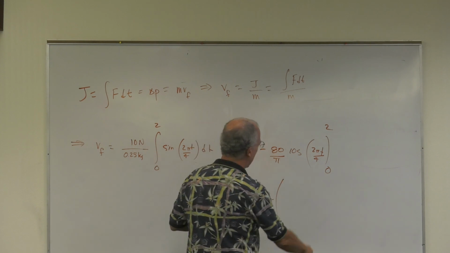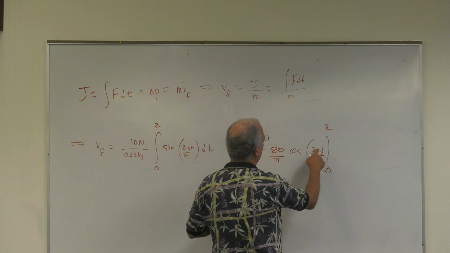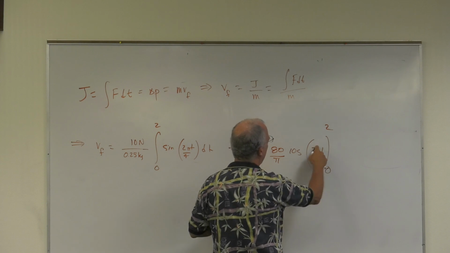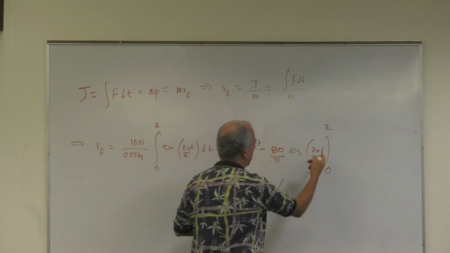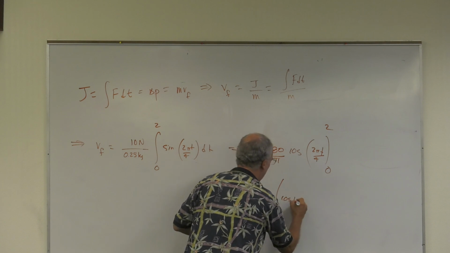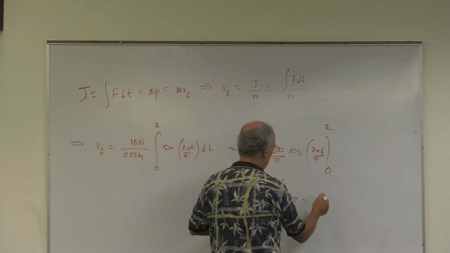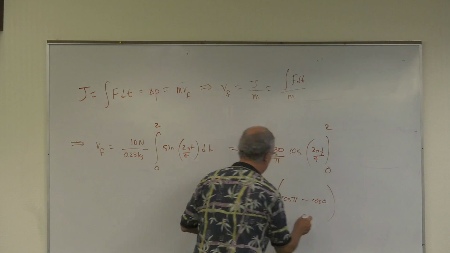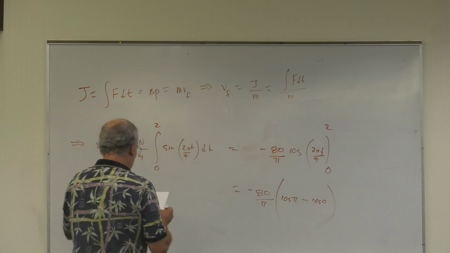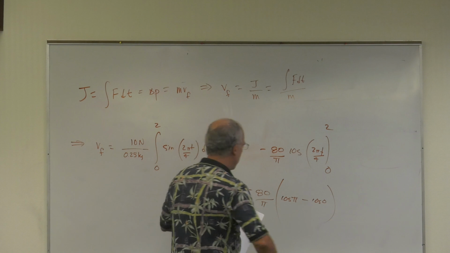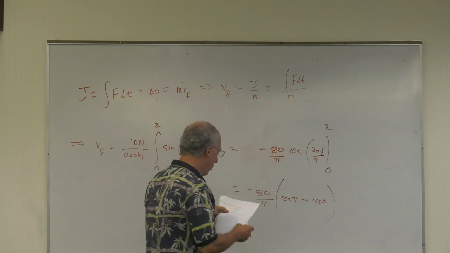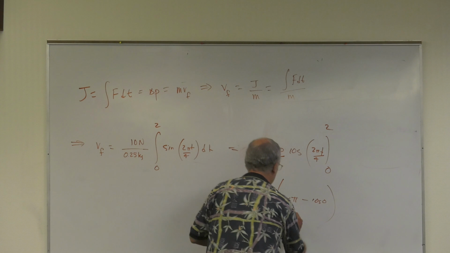Okay, so put in 2. So we'll have 2 times pi. 4 pi divided by 4 is just pi. So we have cosine of pi minus, and you put 0, you have cosine of 0. What's cosine of pi? Negative 1.